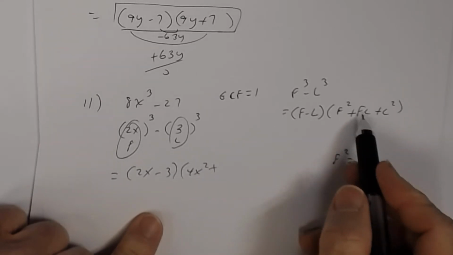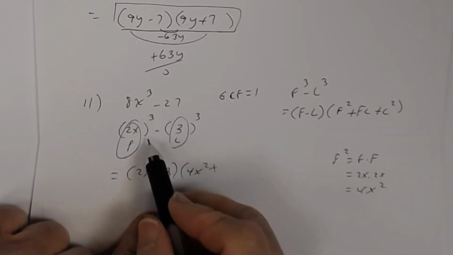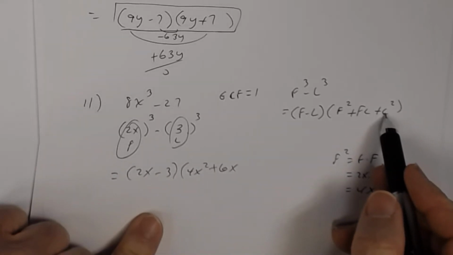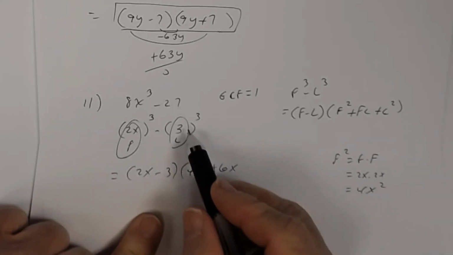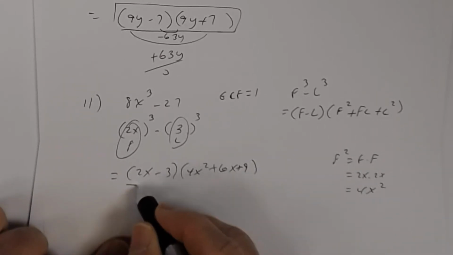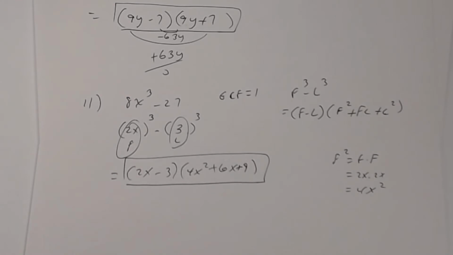Plus, then this says I take the product of F and L, so 2x times 3 is 6x. And then this says I take L and I square it, so 3 times 3 is 9. And so there's your answer. All right, so that's number 11.